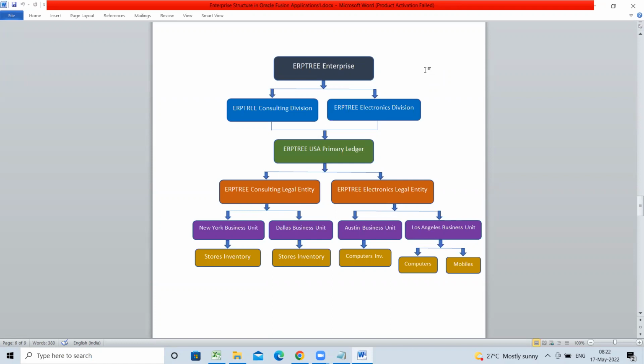Lakshman, why are you saying that we need to add a segment for the division perspective? Is it essential? Not essential. See, what I'm saying is, this is how you have the enterprise structure. Now you are going to record the transaction. When you create the transaction, you select company, you select department, you select account.